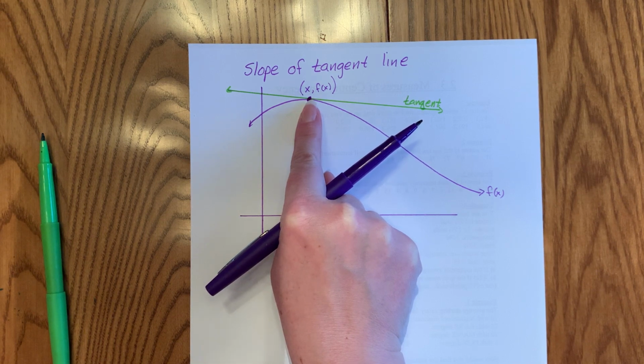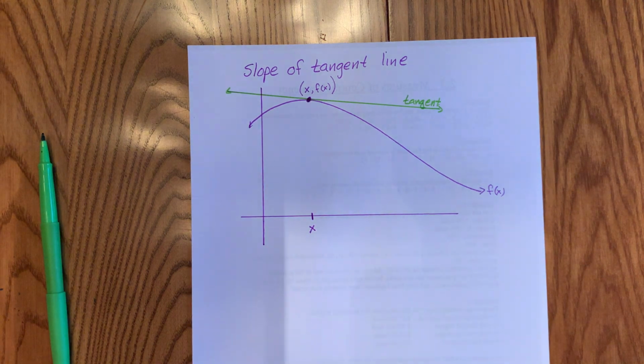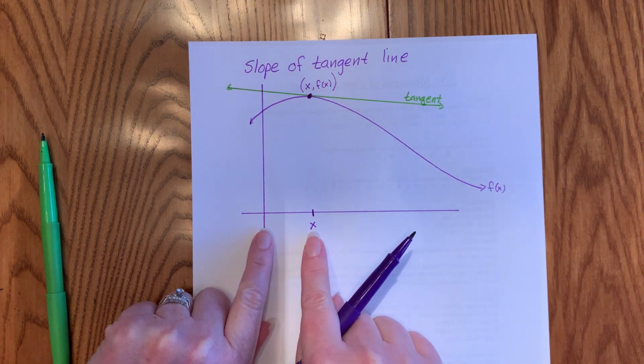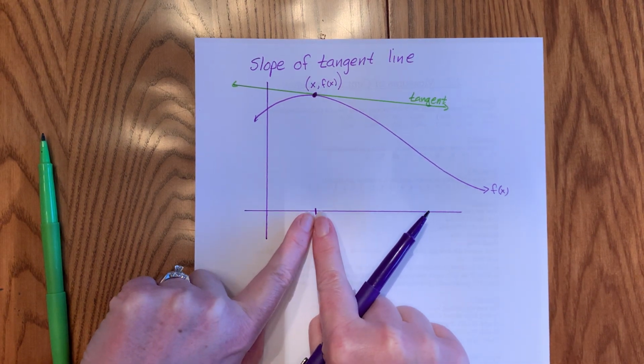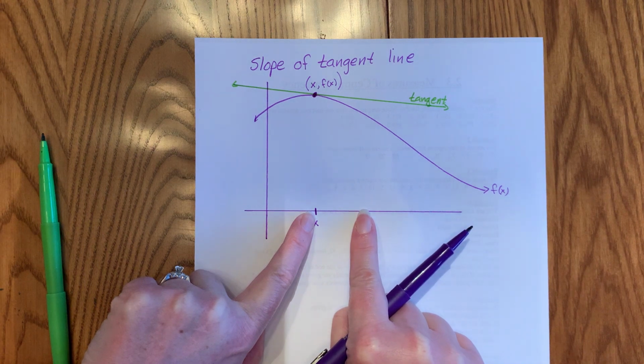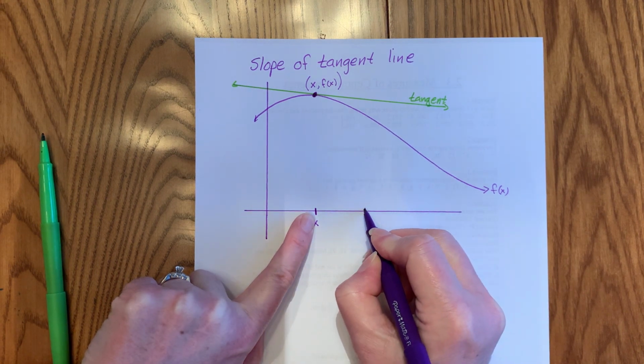Well, for just a little while, we're going to give up on a tangent line, and we will consider first a secant line. But look how we're going to set up this secant line. All right, so here's x. We are going to move over from x a little distance.